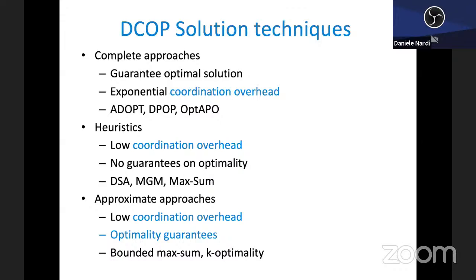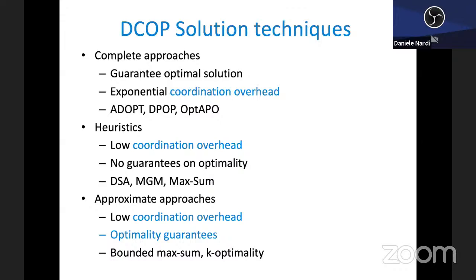And then there can be heuristic approaches that employ some heuristics, but they lose the optimality. And there can be approximate approaches that, again, lose optimality.